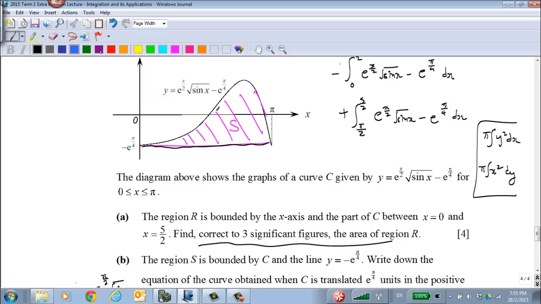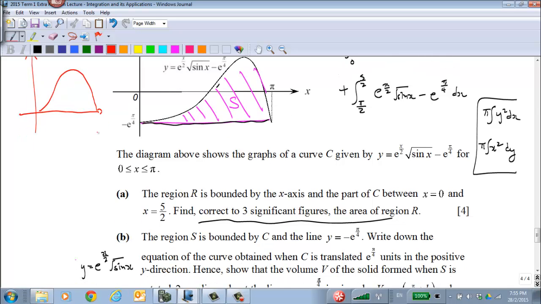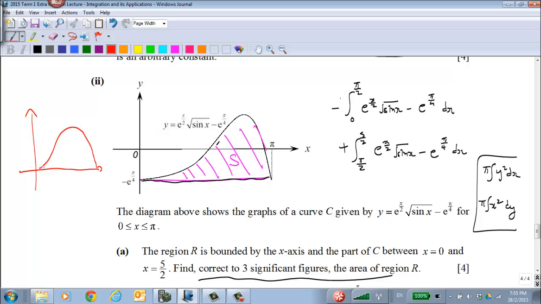So how to do this is we take the hint, because just now the hint says that please translate the curve e pi over 4 units in the positive y direction. When you translate, it becomes something like this. So this is the equation e to the x over 2 square root sine x. So if you look at this, do we agree that the volume of S rotated about this line is the same as this equation rotated about the x-axis?